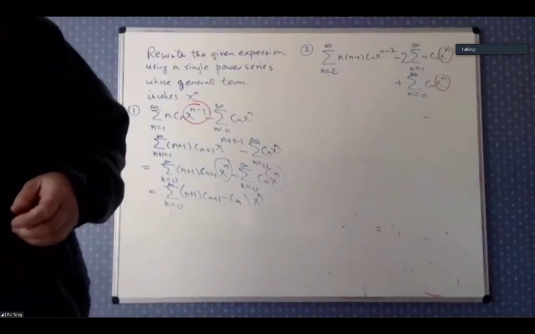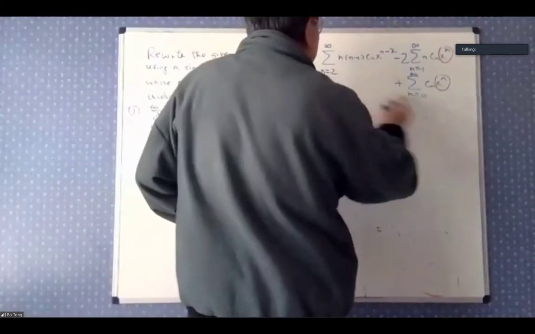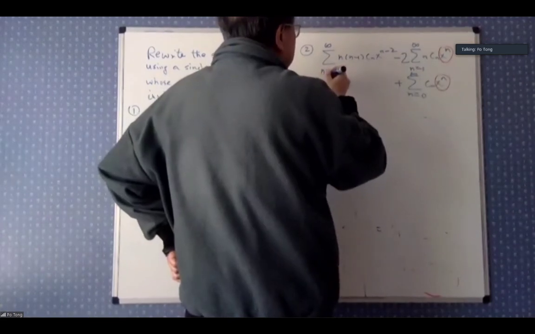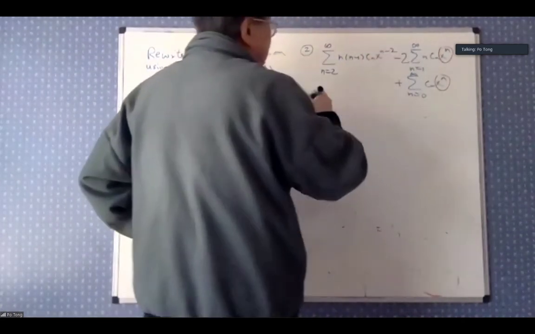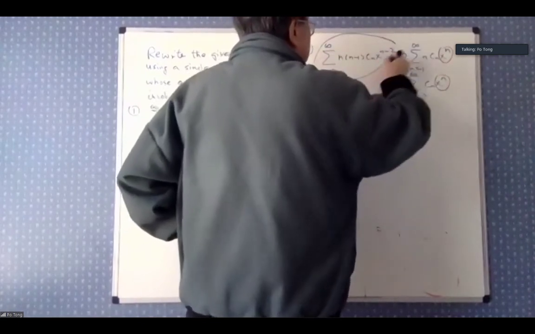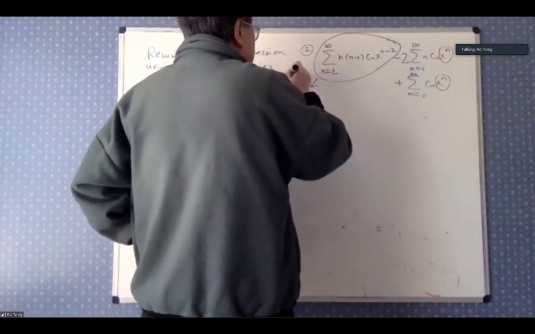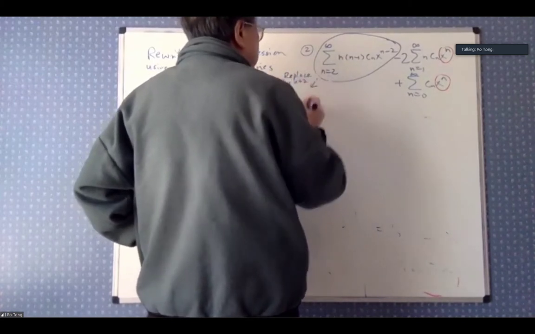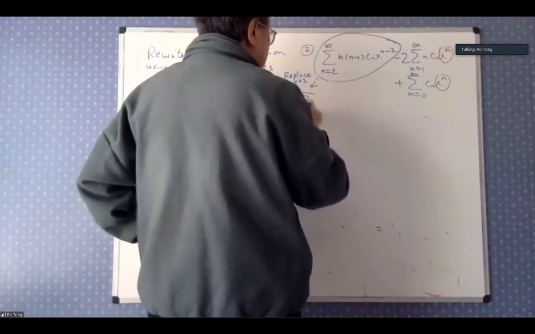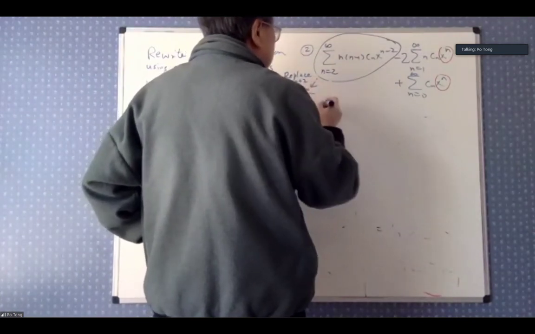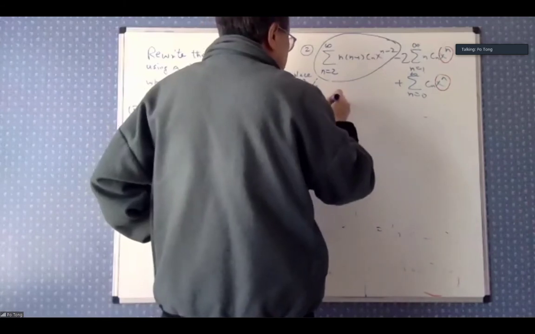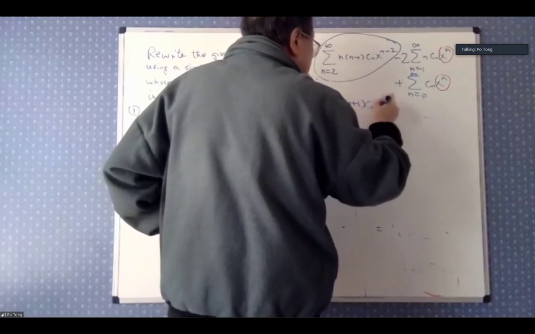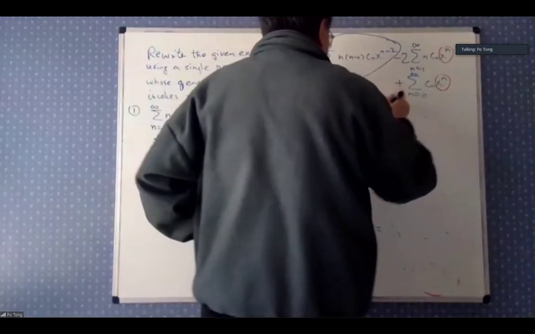All right, so this becomes, okay, I'm going to try to not write so much, so I'm going to single that out, replace n by n plus 2. So this n plus 2 equal to 2 to infinity, n plus 2, n plus 2 minus 1 is n plus 1, c n plus 2, x to the n.